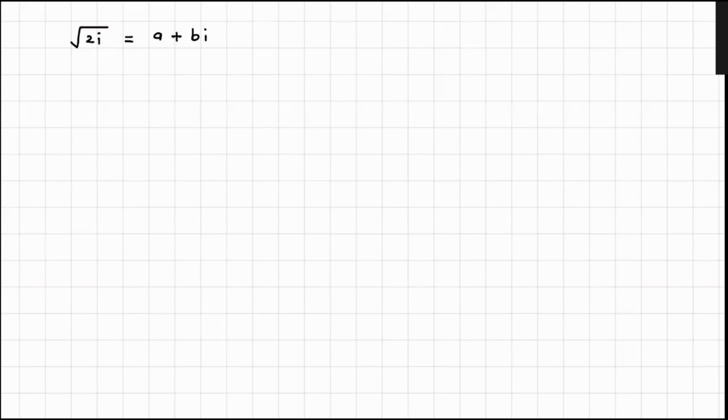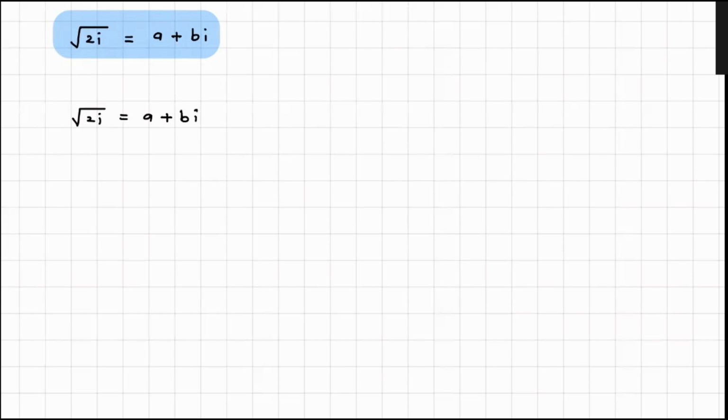So I'm going to start. This is your question. So it's the square root of 2i equals a plus bi.